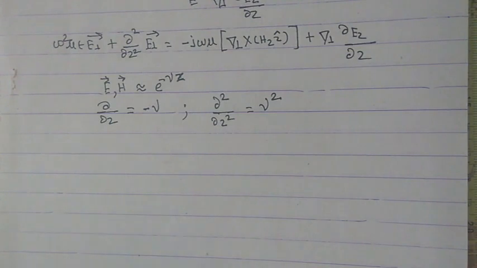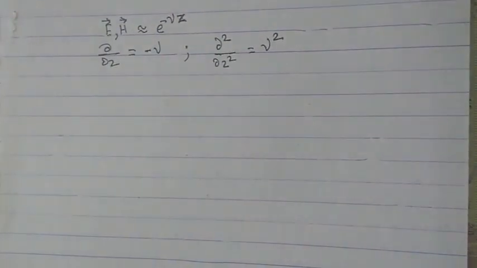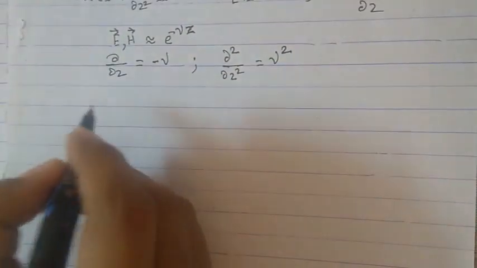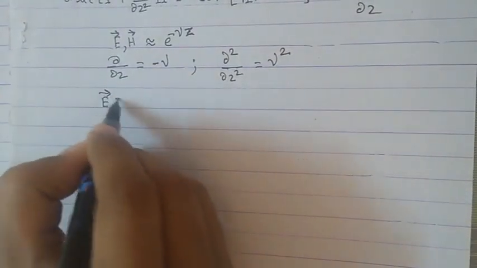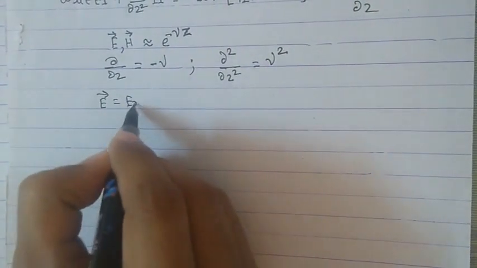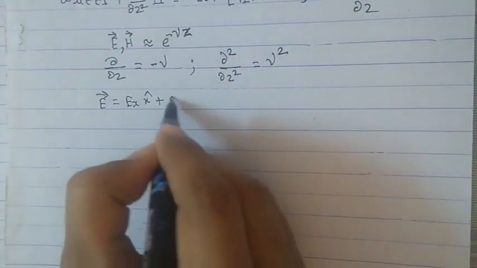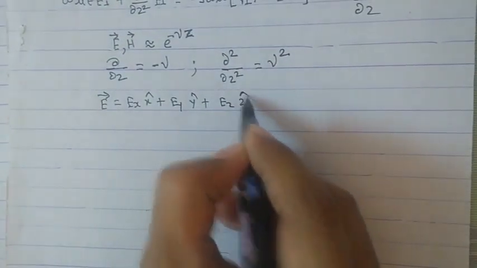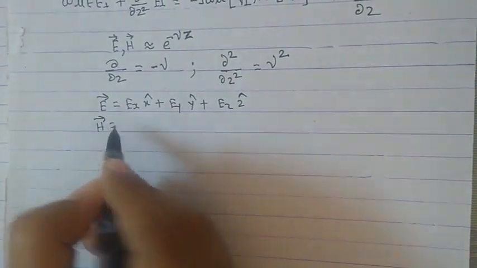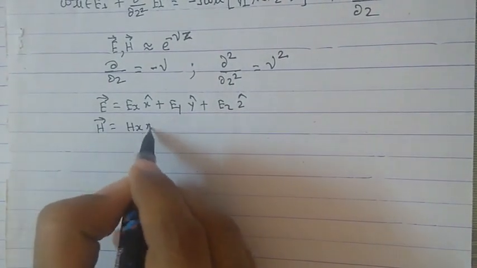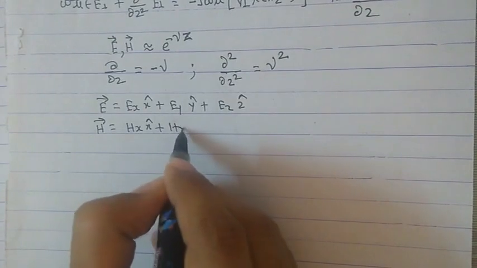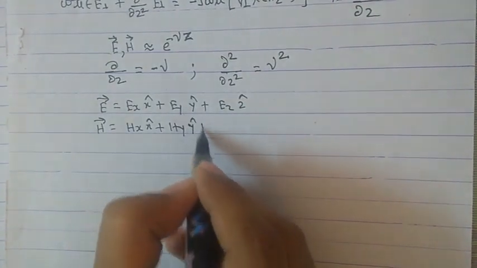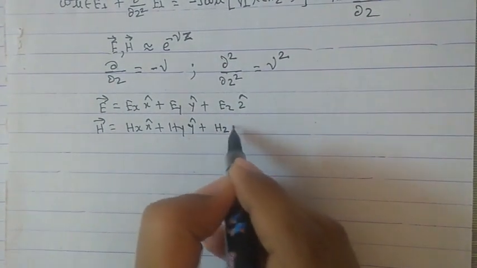But you may ask a question, why are we trying to obtain the equations for transverse field components? So let me answer that. You know, your electric field and magnetic fields can be resolved like this. So if you have an electromagnetic wave, can you tell me how many field components you have in total?